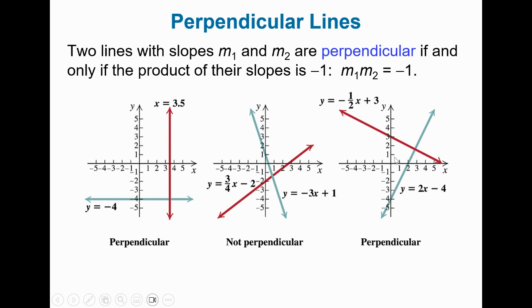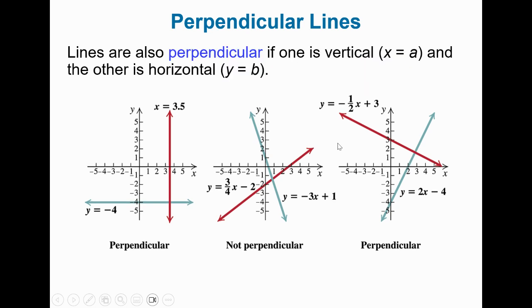Or I can say the negative reciprocal of -1/2 is +2. The reciprocal of 2, or 2/1, is 1/2, and the negative of that is -1/2. Simply stated, lines are perpendicular if the product of their slopes equals -1. -1/2 times +2 equals -1. These guys meet to form a right angle. They are perpendicular.